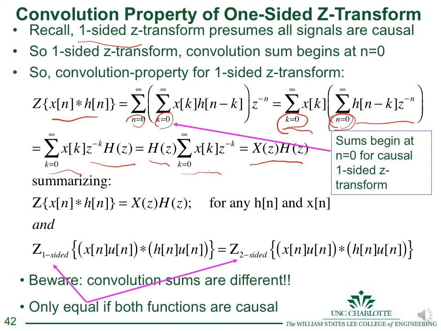So the Z transform of convolution is just X of z H of z, but the presumption here is that both h of n and x of n were causal. And so the one-sided Z transform of causal sequence x and causal sequence h is the same as the two-sided transform as long as the sequences are both causal.